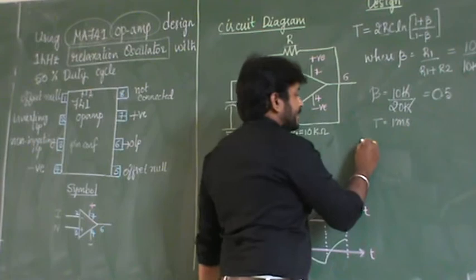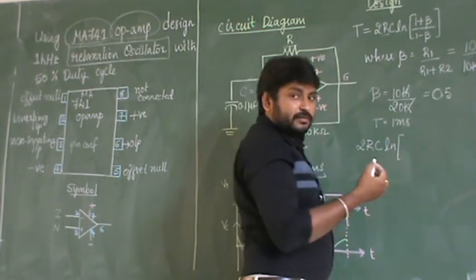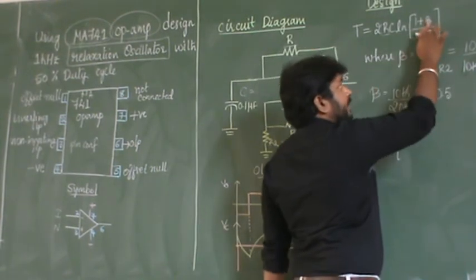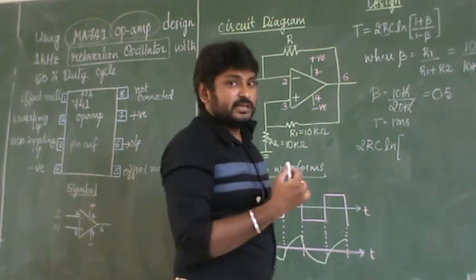Writing it that way, 2RC ln of (1 plus beta) by (1 minus beta): 1 plus beta is 1.5, divided by 0.5, is 3.